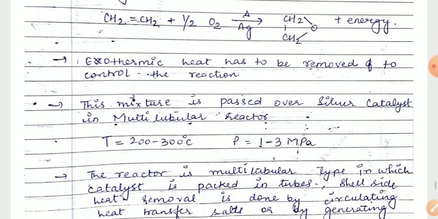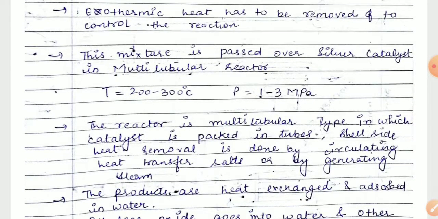The exothermic heat has to be removed to control the reaction. The mixture is passed over the silver catalyst in a multi-tubular reactor at a temperature of 200 to 300 degrees Celsius and a pressure of 1 to 3 megapascals.